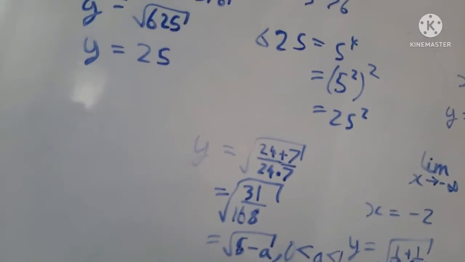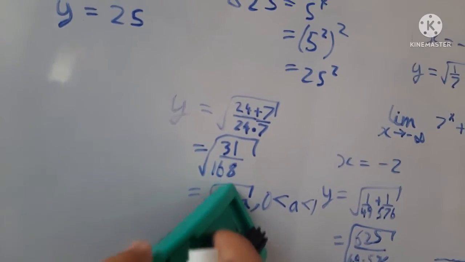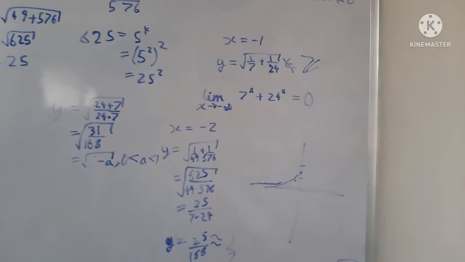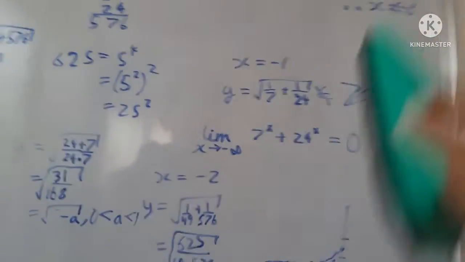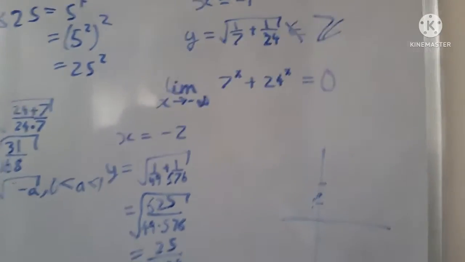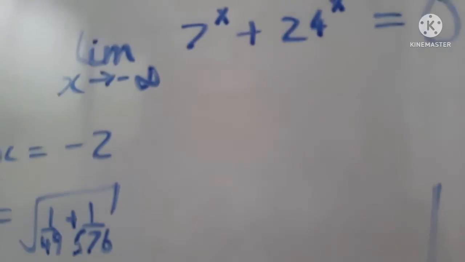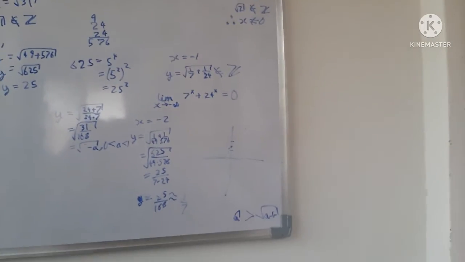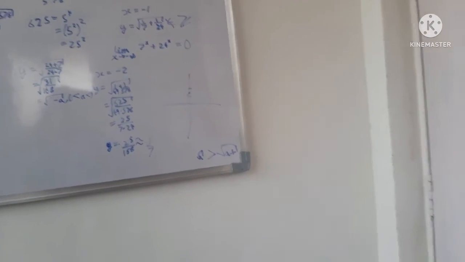It should be 1 upon... So for y equals that, it's an exponential curve, an increasing exponential curve. Yeah, we can see that. I'm just going to change markers because this marker hates me.